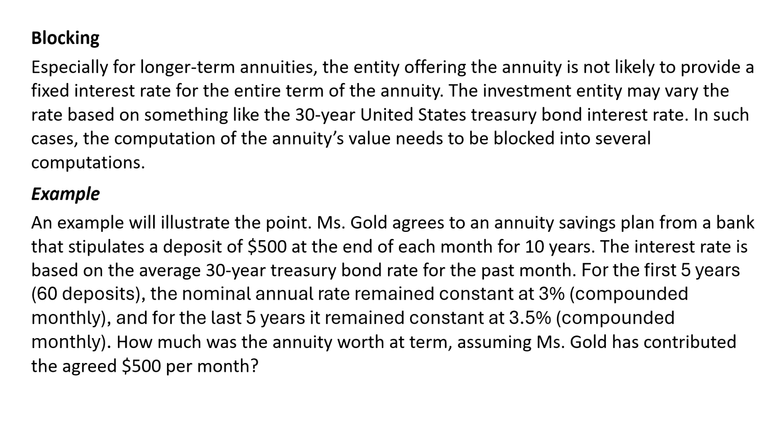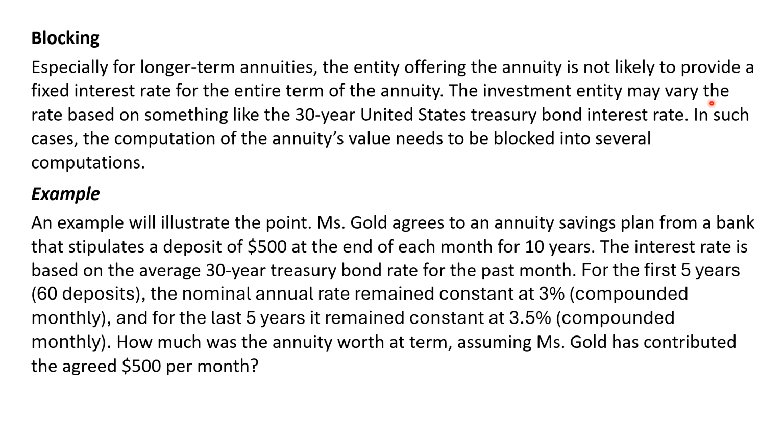I misspoke on the last slide. I actually do talk a little bit about variable rate annuities. What threw me off is the term blocking is used here. You'll see what I mean in a second. So especially for longer term annuities, the entity offering the annuity is not likely to provide a fixed interest rate for the entire term of the annuity.